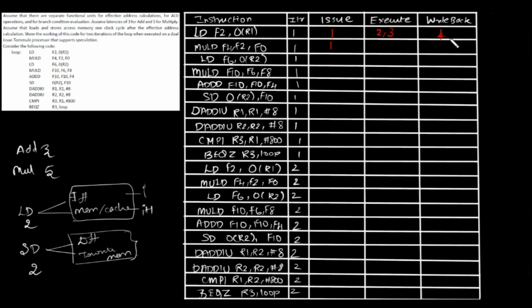The load completes at clock cycle 4, so we can start the multiplication execution at clock cycle 5. Multiplication takes 5 clock cycles, so 5, 6, 7, 8, 9. It completes execution at the 9th clock cycle, and writes to register F4 at the 10th clock cycle.